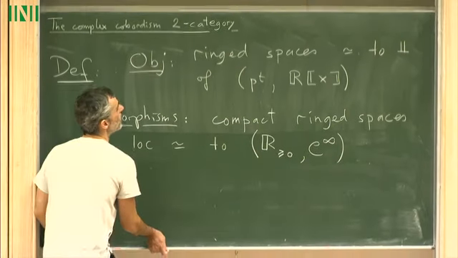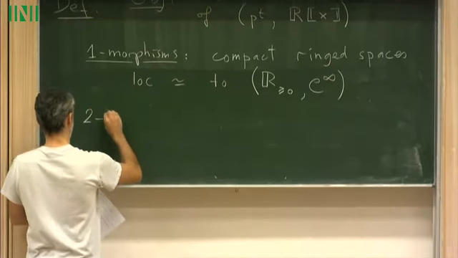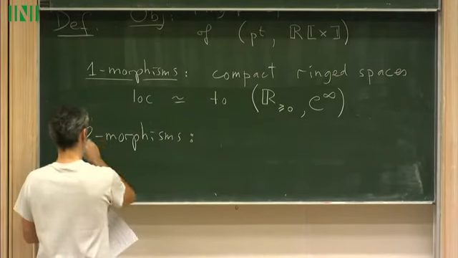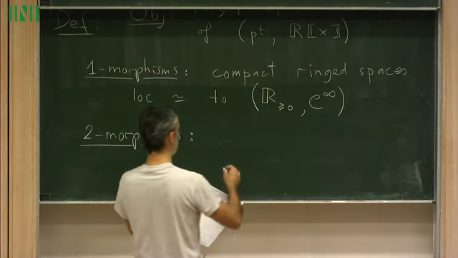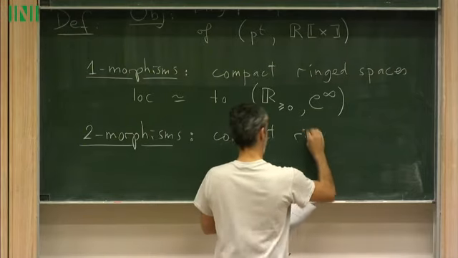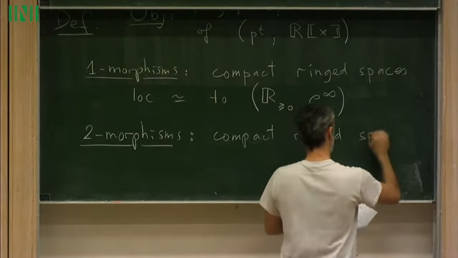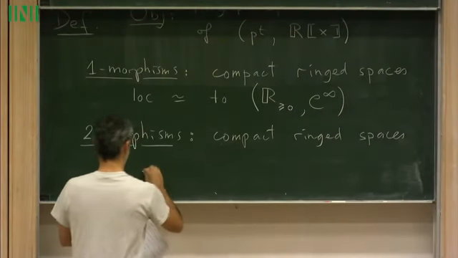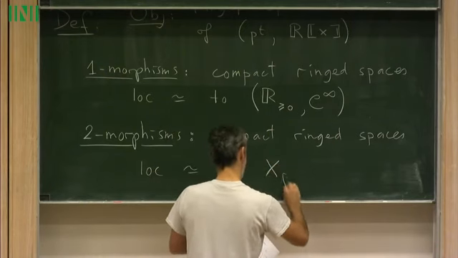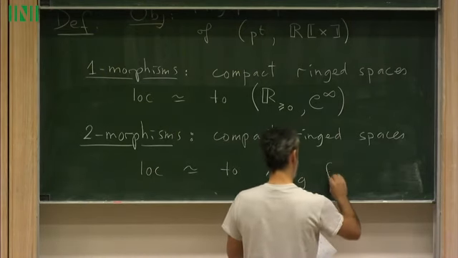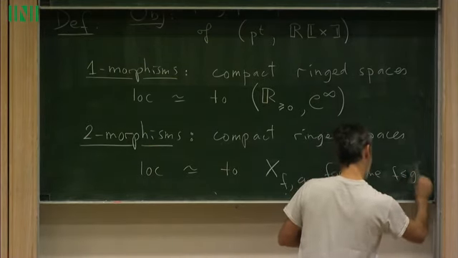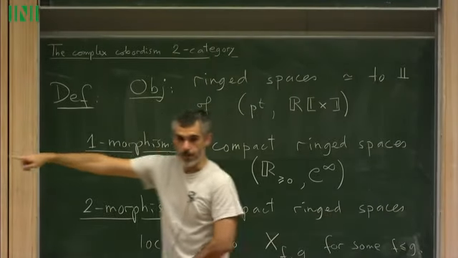And then two morphisms are going to be compact ringed spaces, locally isomorphic to, well, locally isomorphic to one of these.